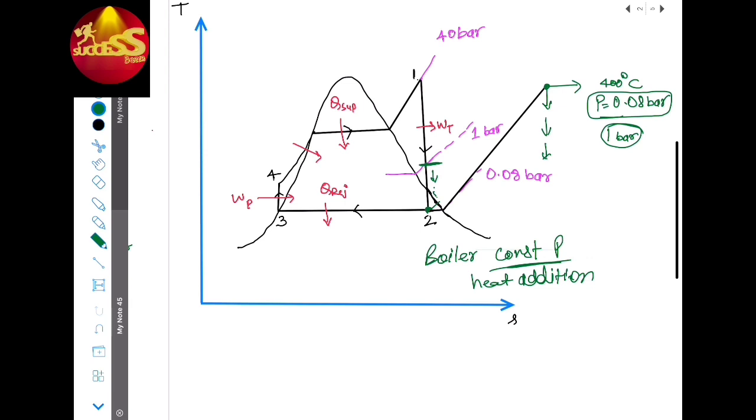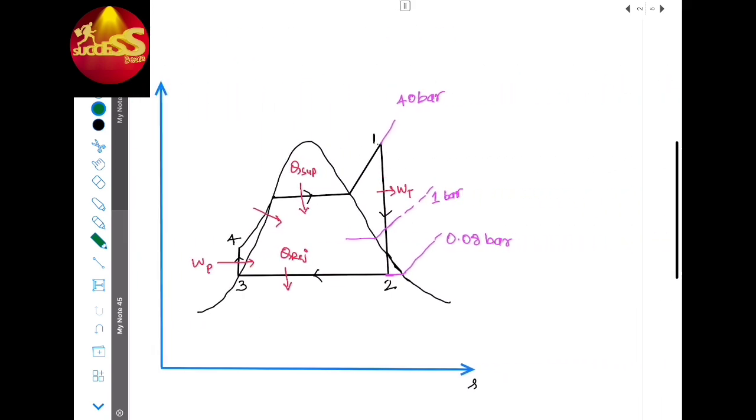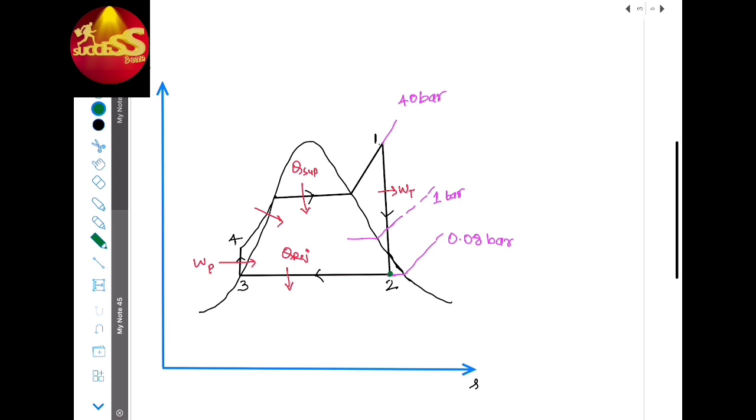You cannot insert the end point of the turbine directly into the boiler. We need to increase the pressure to get the expansion. So this is ruled out. Now the third thing: if this is ruled out, again he will argue that okay, don't put this wet steam into the boiler directly.